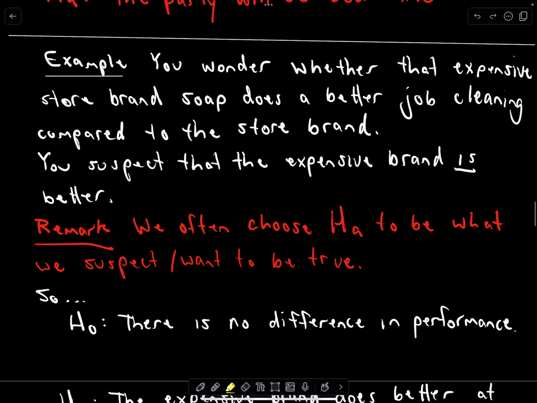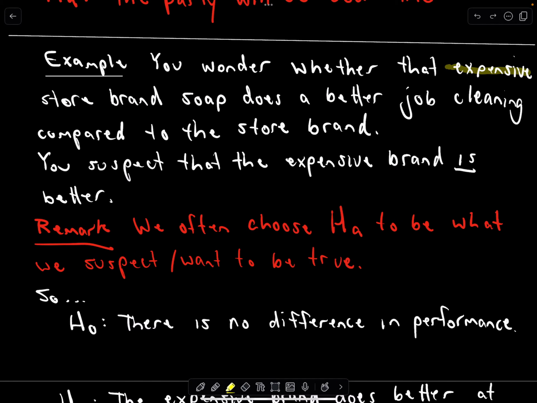So let's look at another example in a little more detail, and we'll talk about some other ideas here. Suppose you're doing your grocery shopping and you wonder whether that expensive store brand soap, you've seen ads for it, does a better job cleaning compared to the generic store brand.